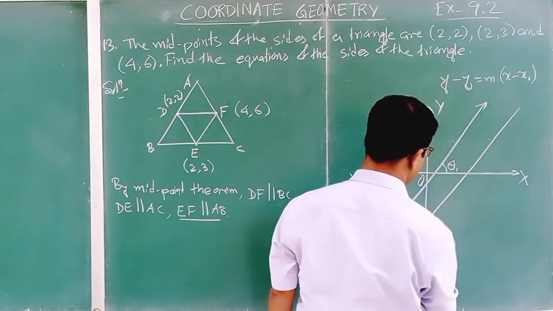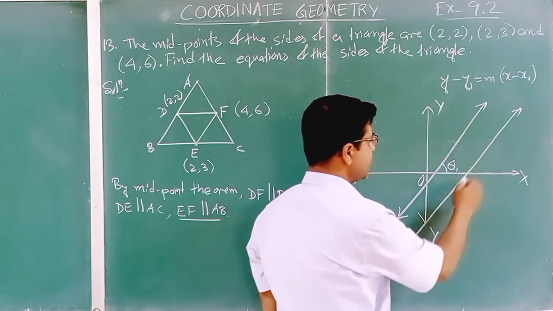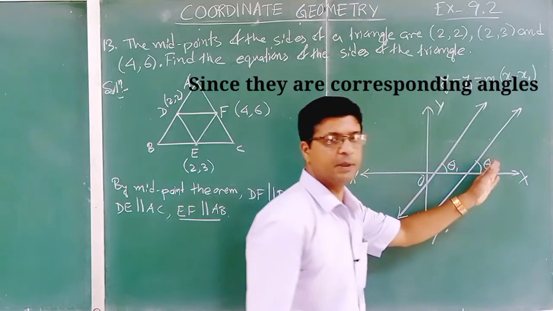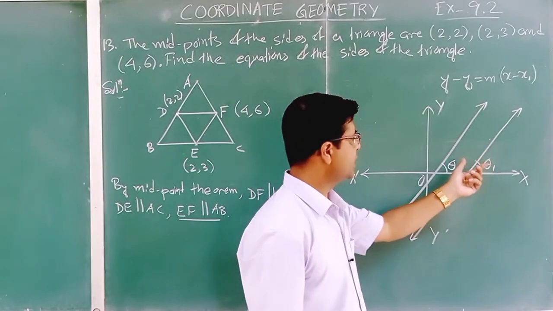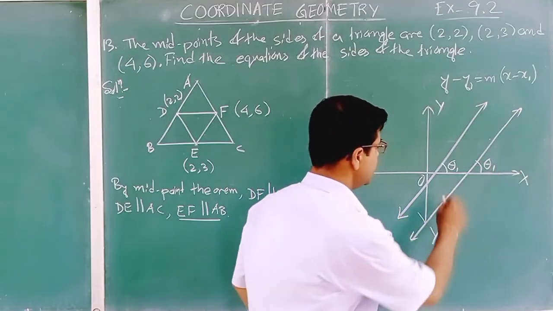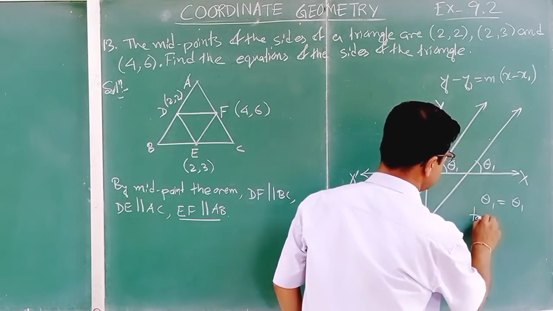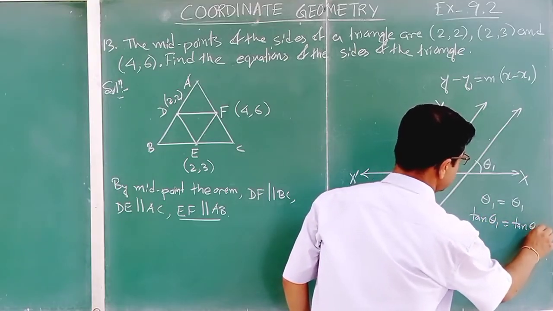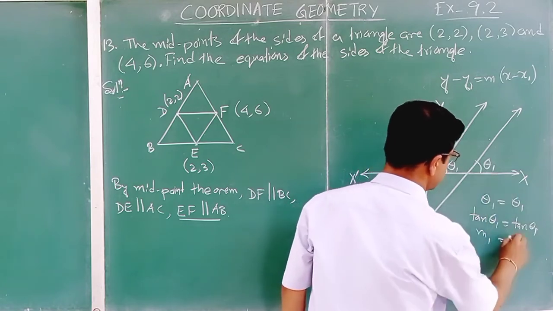If we consider any parallel line, then as these two lines are parallel, these two angles are also equal, that is, the inclination will be the same. So for parallel lines the inclinations are the same, or we can say that the slopes or gradients are also the same. As theta 1 is equal to this theta 1 here, if we take tan theta, these are equal, which means the slope of this line is equal to the slope of that line.